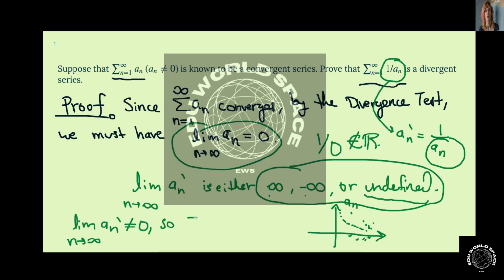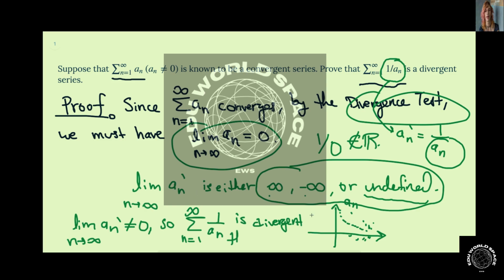So that means that this new series, an prime, or let's go back and actually call it what it is, 1 over an, is divergent. And it's divergent by, the book calls it, the test for divergence.